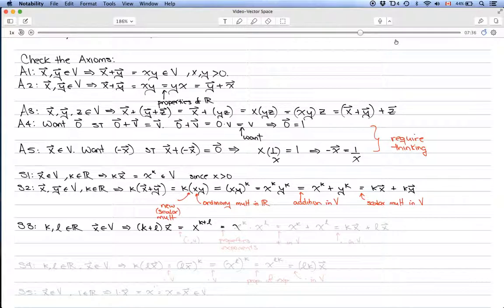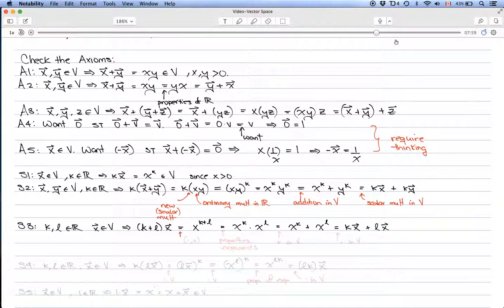Using the rules of exponents, this is x to the k times x to the l. And breaking this up using the addition in V, we get x to the k plus x to the l. And then using the definition of scalar multiplication, this is k times x plus l times x.